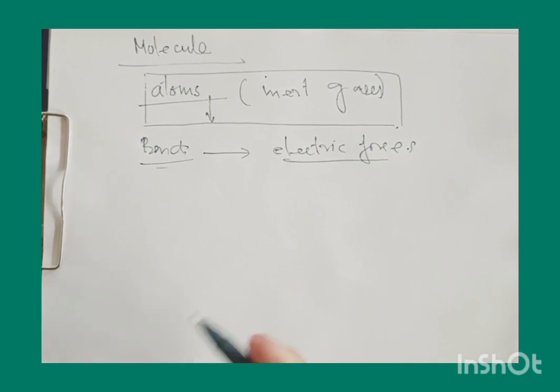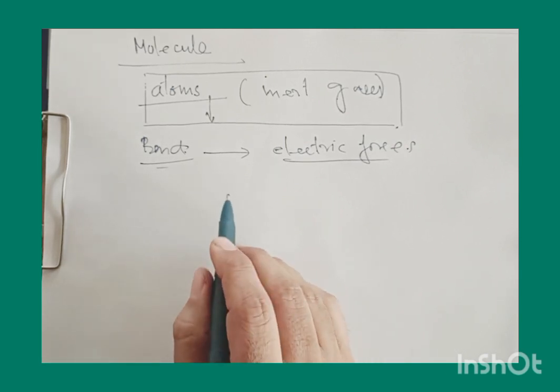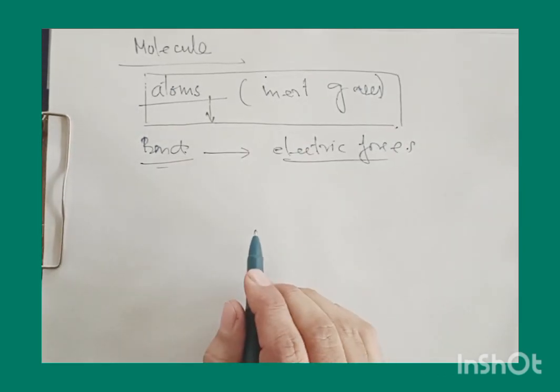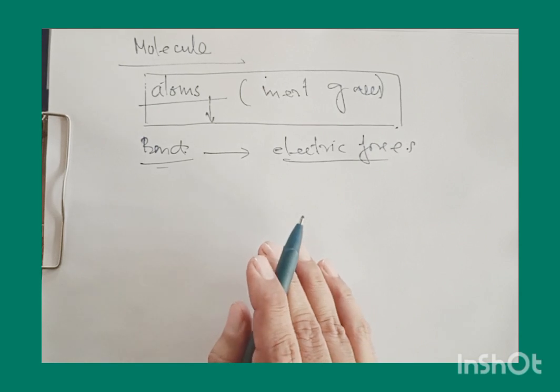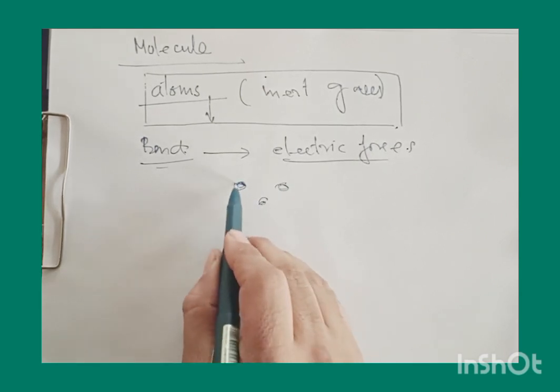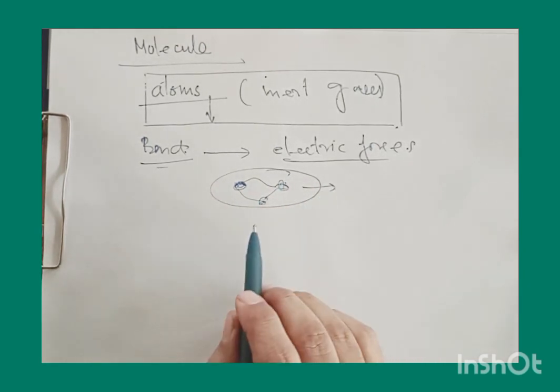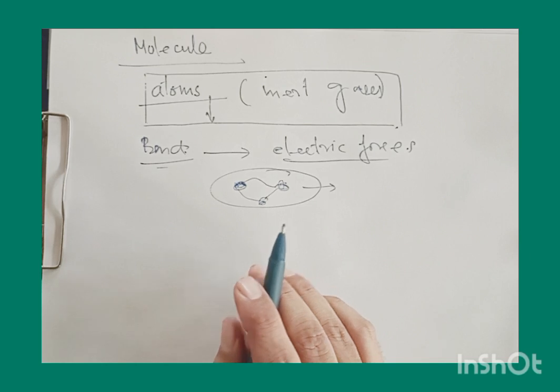And a molecule in itself is an electrically neutral group of atoms that are held together strongly enough to behave as a single particle. So you have different atoms, they are bound together, and they try to behave as a single particle.